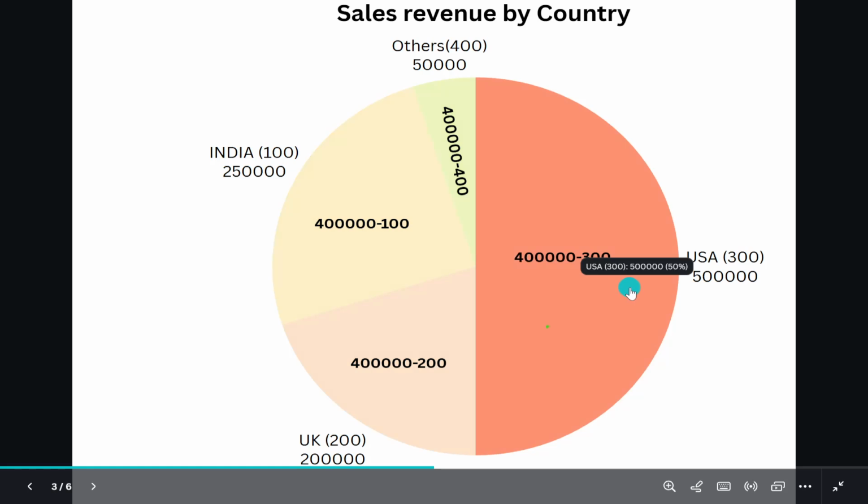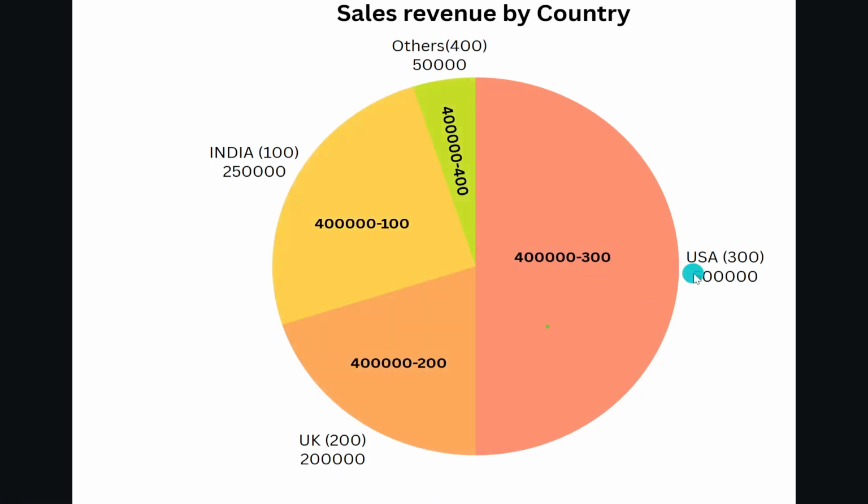And for USA, it is 500,000 USD, and the code for USA is 300. And for other countries, it is $50,000. So that my total sums up to 1 million.